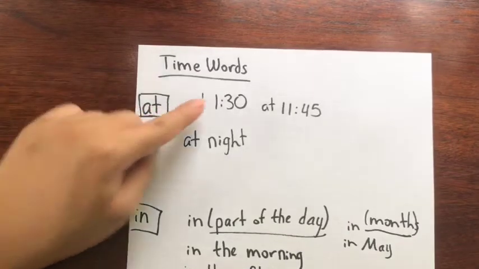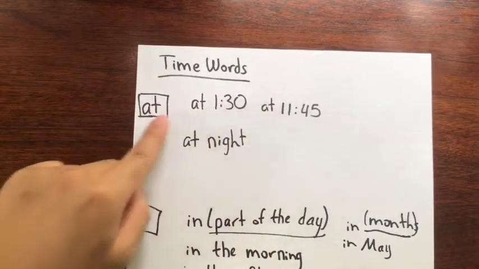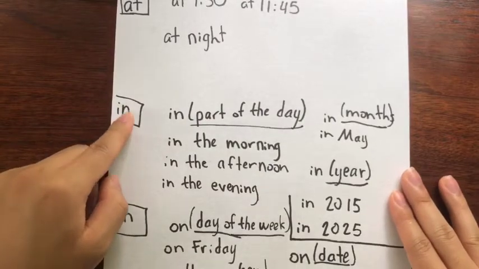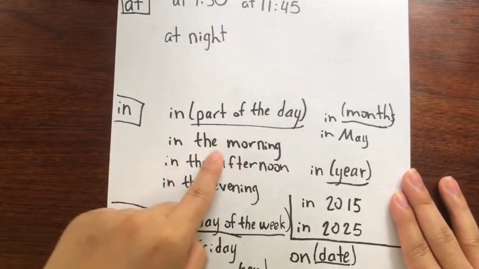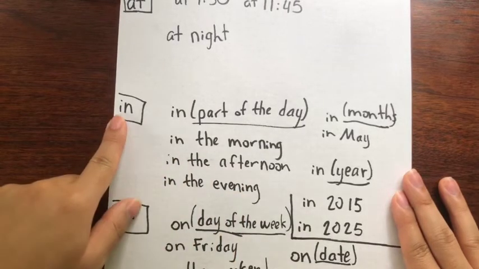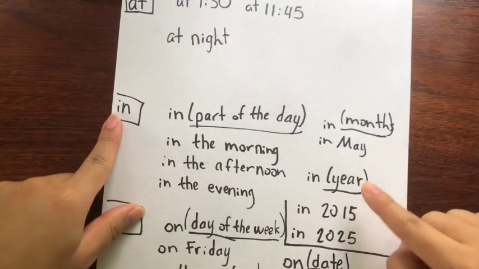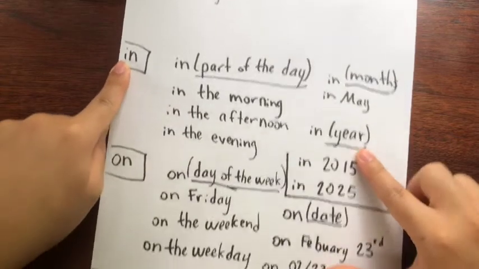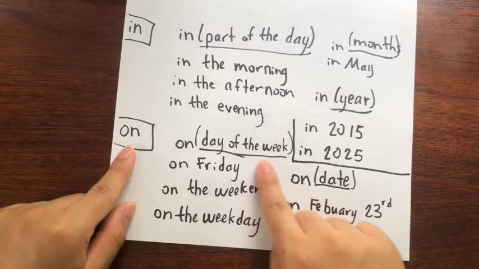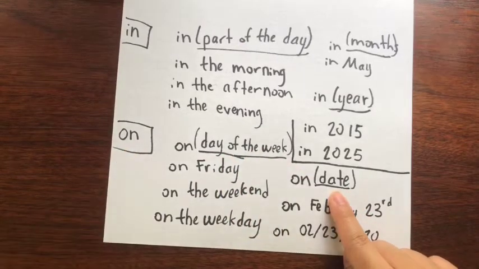At is for times, like hours, and at is for the word night. In is for a part of the day, so in the morning, in the afternoon, in the evening. We also use the word in for months and years. We use the word on for days of the week and the date.